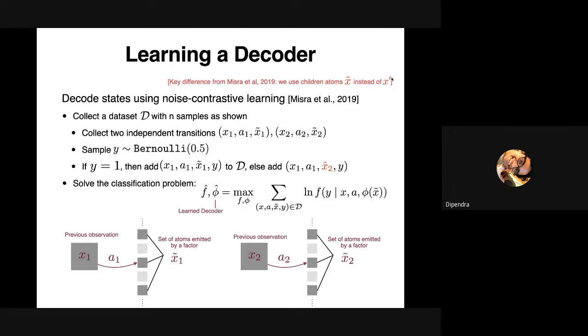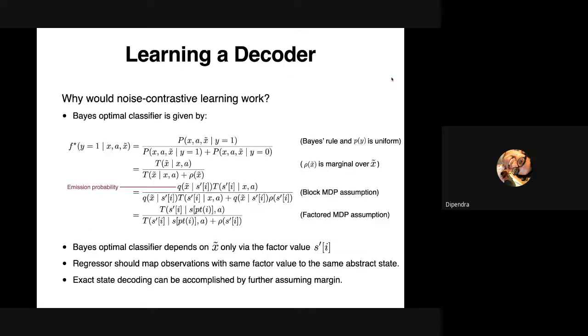Okay, so we can ask ourselves, why would an approach like this work? Let's look at a quick asymptotic analysis. In the asymptote, with infinite samples and a realizability assumption, the model will converge to the Bayes optimal classifier. So it will do us good to look at the structure of the Bayes optimal classifier.